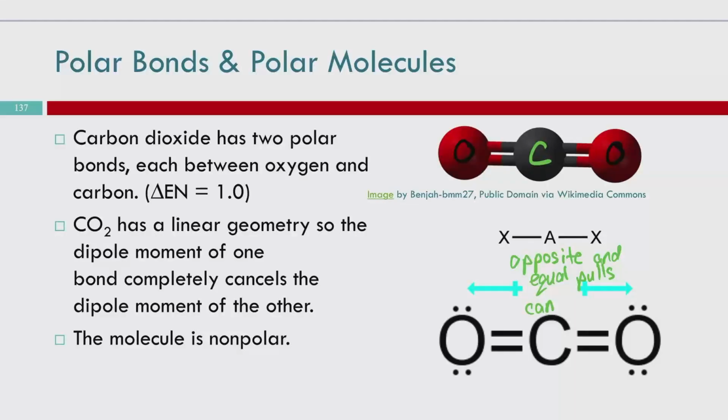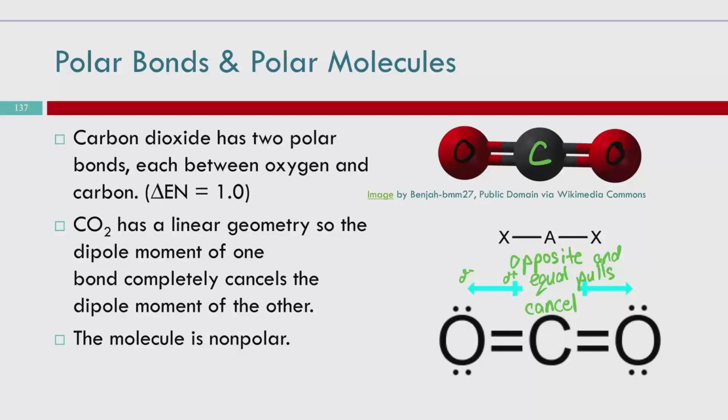So the opposite and equal poles cancel. So there's no net dipole. And the way that these arrows work is that the arrow points in the negative direction, and the plus side, the little plus part, is the positive side.